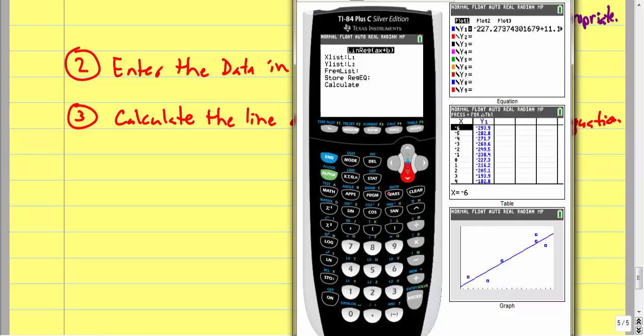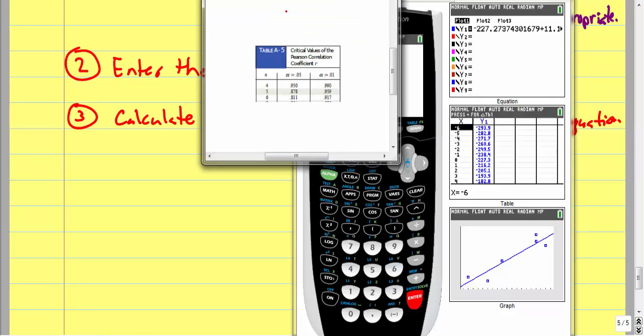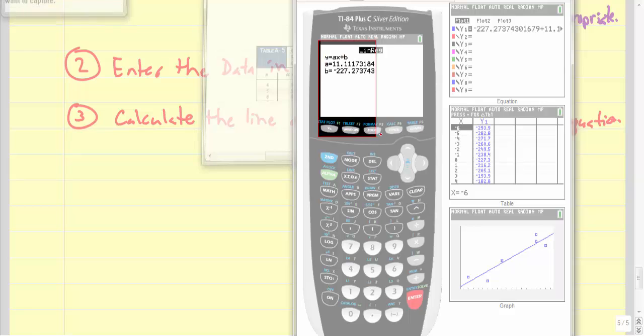So I'm going to go to vars, y vars, function, and then I want to store it in y1. And then I'll go here to calculate. And now I don't have all that extra information. I just have the information that gives me my y-intercept and my slope.